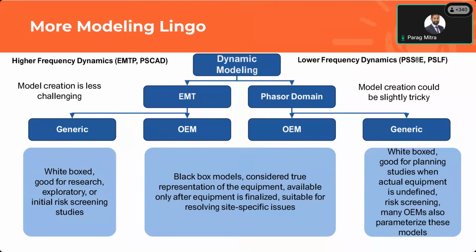The goal of these models is to provide you something which is a generic representation of an equipment, whether it be load or any kind of power system equipment, with the goal that if you are a planning engineer and you're sitting here today trying to see what the impact of those future devices can be on your system, you should be able to use a model and gain some understanding of what happens to the system, especially in that stage when you do not have the OEMs fixed.